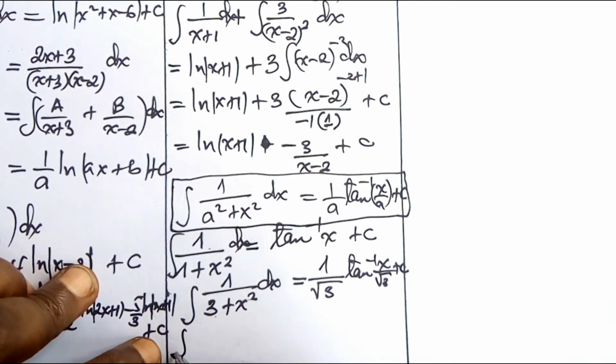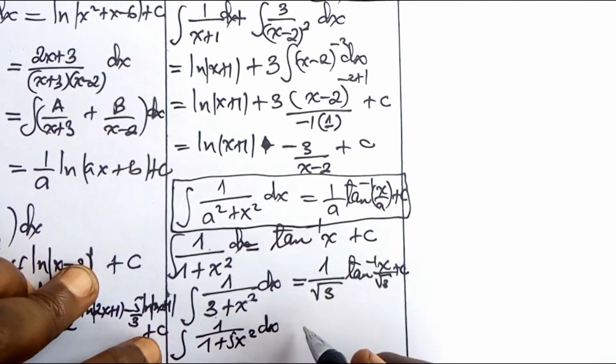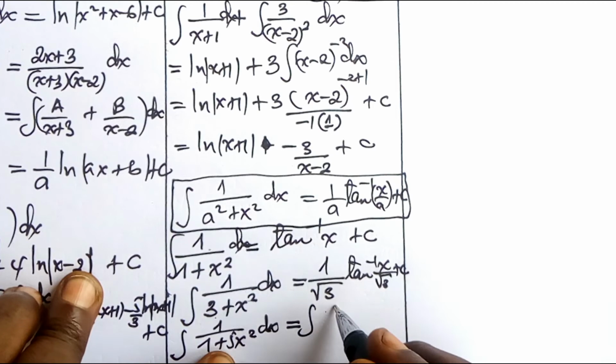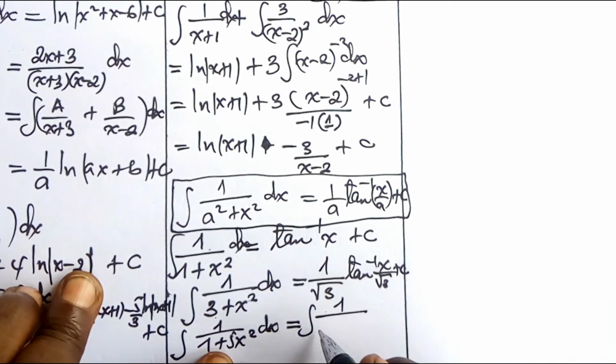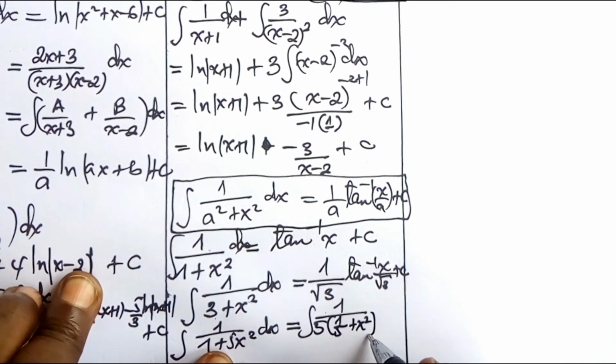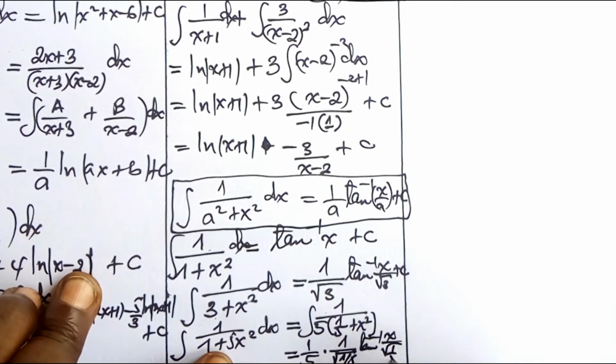If I instead have 1 all over 1 plus 5x squared dx, I would need to begin by factorizing the 5. So I'll have the integral of 1 all over 5 into 1 all over 5 plus x squared, and that gives 1 over 5 dot 1 all over the root of the constant, which is 1 over 5, then tan inverse of x all over the root of 1 over 5.